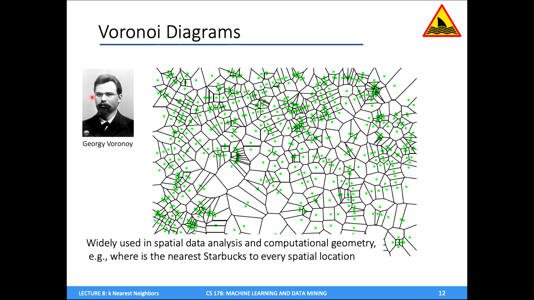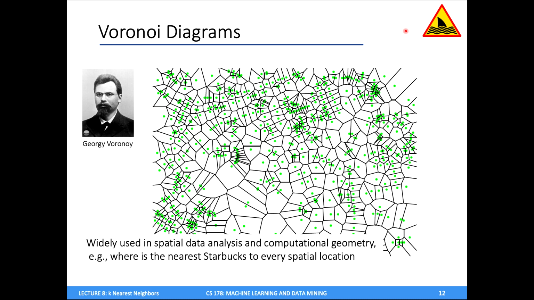Okay, if you have ever heard of these things called Voronoi diagrams, they're very closely related to these kNN algorithms. So this is one of these danger slides. Don't worry about the details of this if you don't follow along. I won't ask you an exam question on this, but it's good to know for your own enrichment.